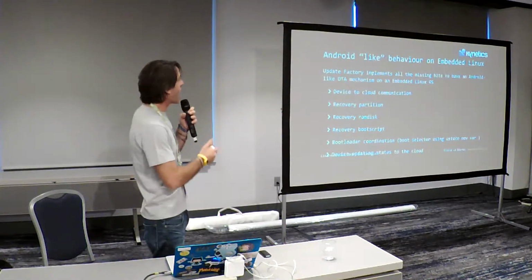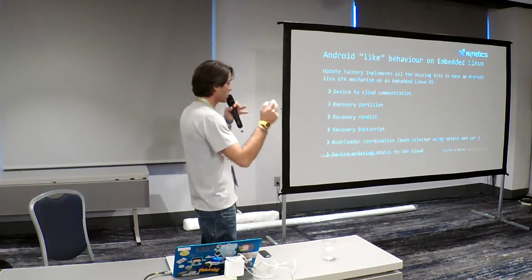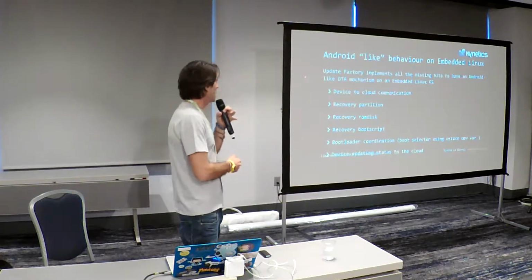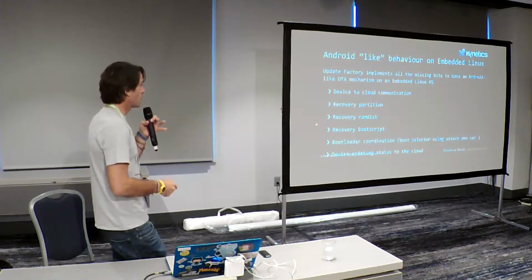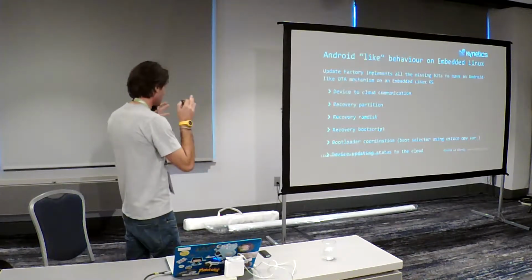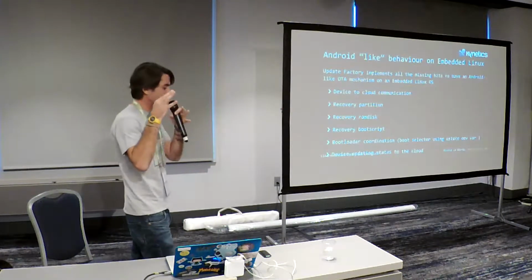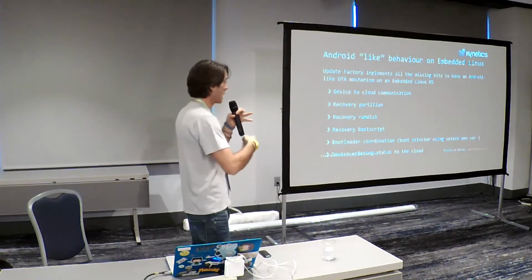Okay, so how do we implement Android-like behavior on embedded Linux? Single copy. What we have done is create a recovery partition, so let's create the segregated environment that we need, like Android does.